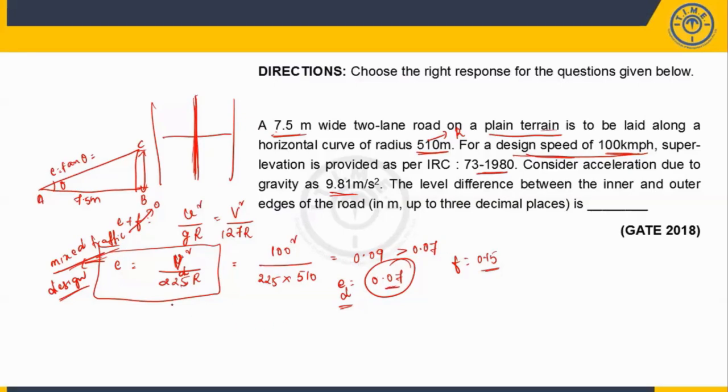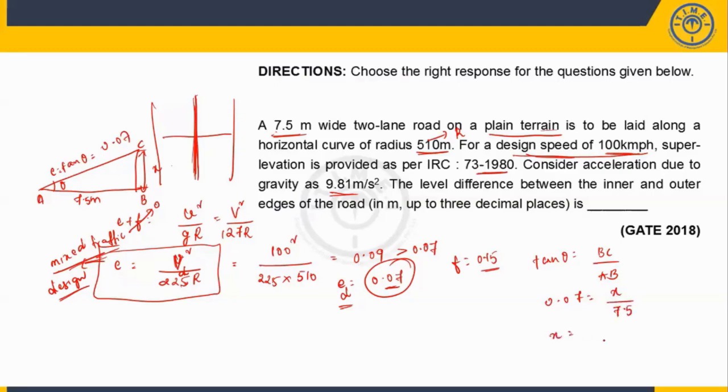Now, I know this tan theta is 0.07. I know this as 7.5. What is X then? Tan theta equal to BC by AB. Sir, X by 0.07 is equal to X by 7.5.